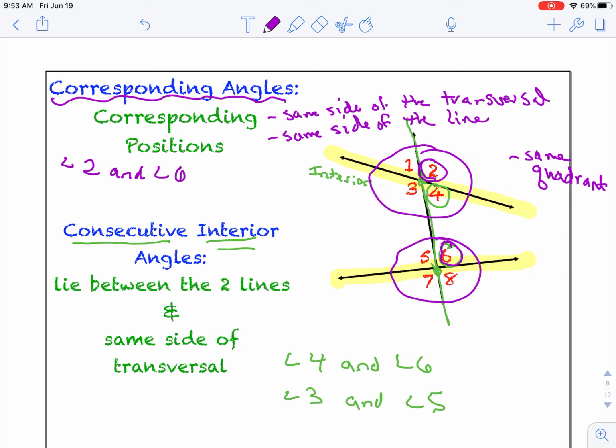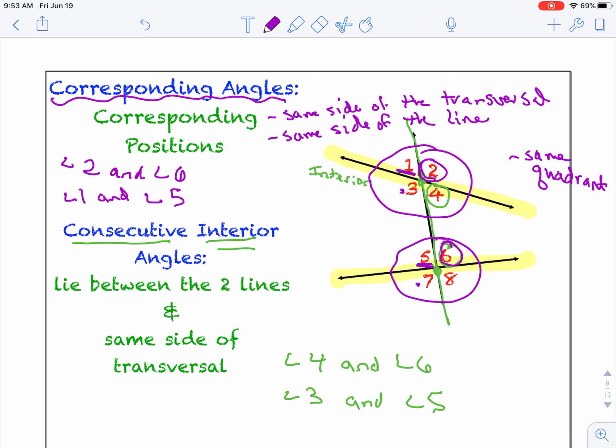Another pair that are in the same quadrant, or again, on the same side of the transversal: if we look at angle 1 and angle 5, they're on the same side of the transversal, and they're both above the line, same side of the line. There's actually 2 more pairs of this.